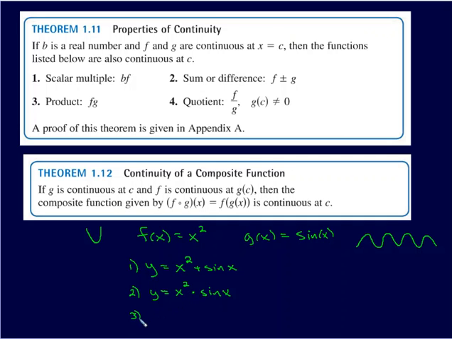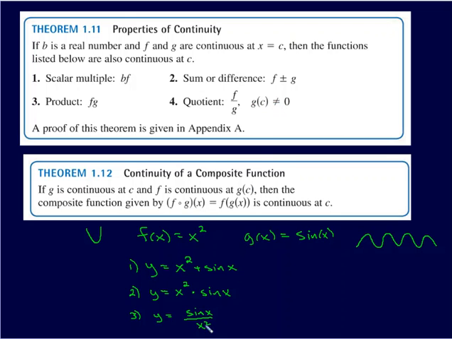The third maybe would be, what if I divided? And this time I'm going to divide sine of x by x squared. And this time, the theorem says, okay, that's going to be continuous also, with this one exception. It's going to not be continuous when the denominator expression is equal to 0.